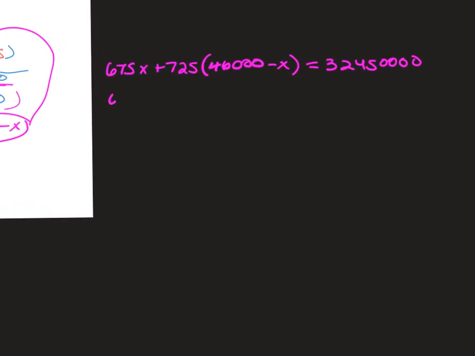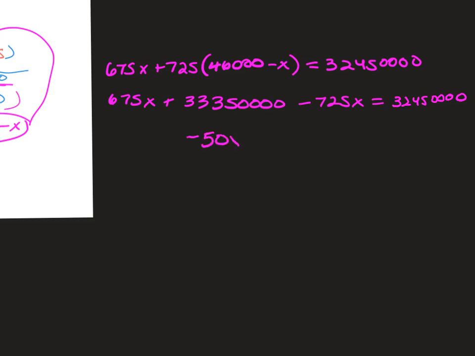And then distribute, so 675x plus 725 times 46,000 minus 725x. And then 675 minus 725 is negative 50x equals 32,451,234 zeros minus 33,351,234 zeros.